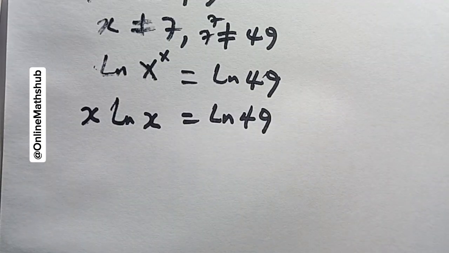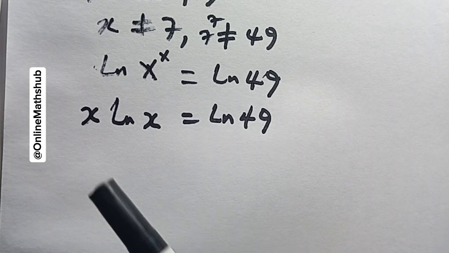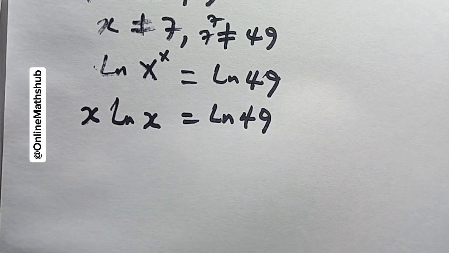Moving on, what I'm going to be using to simplify this is one important mathematical tool, which is known as the Lambert W function. That is the tool I'm going to be using to simplify this so that we can compress all of the x's together.